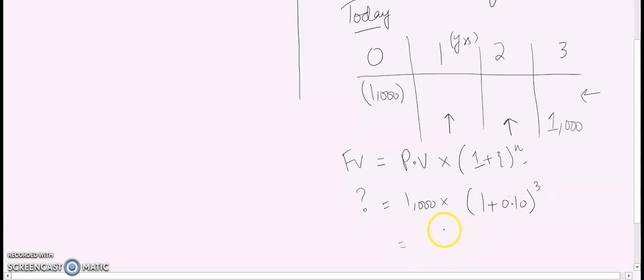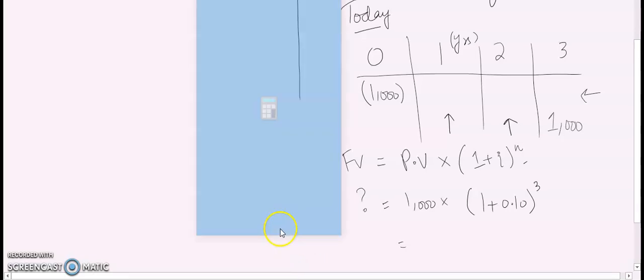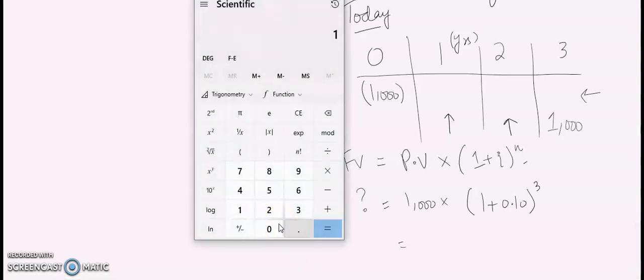Now when you calculate it, 1.1, right? Now you raise it to 3. The answer comes this. Then you multiply it by 1000. You get this.